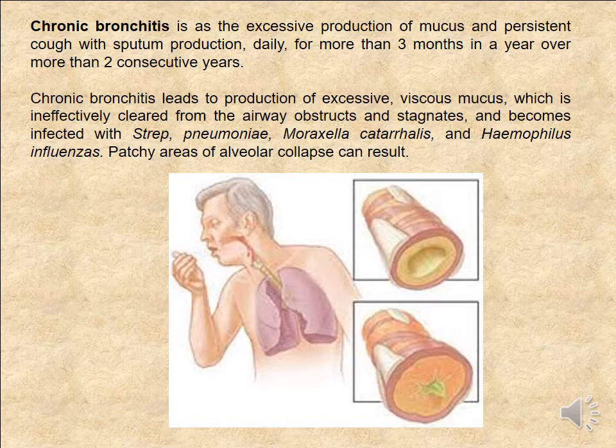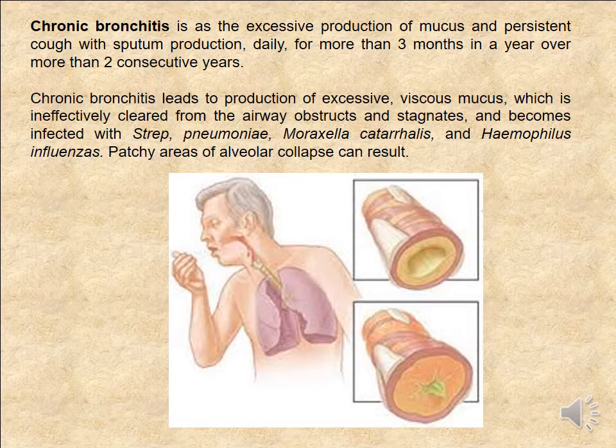Chronic bronchitis is an excessive production of mucus and persistent cough with sputum production daily for more than 3 months in a year over more than 2 consecutive years. This disease relates to the trachea and the bronchi.